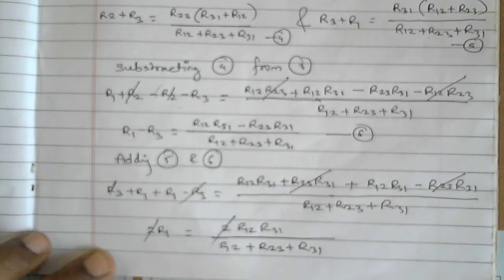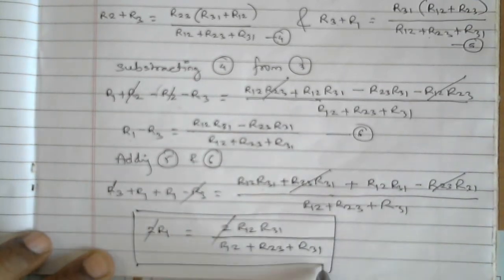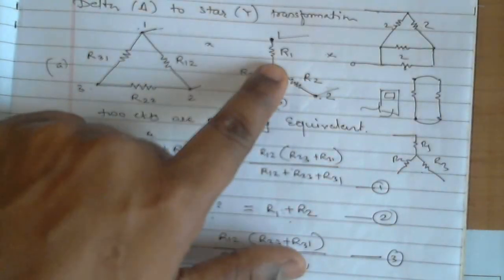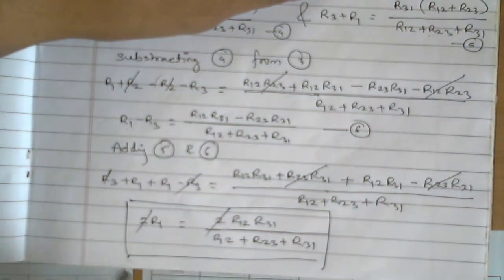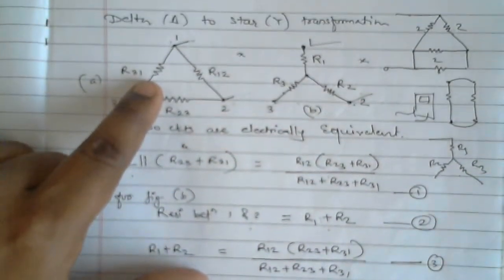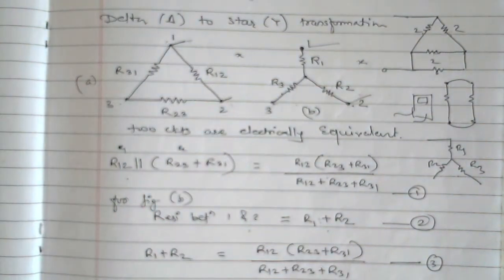This 2 and 2 will get cancelled, and see what we have got. R1, means this resistance, R1 is equal to R12 into R31 divided by R12 plus R23 plus R31. Which means we have got one relation.